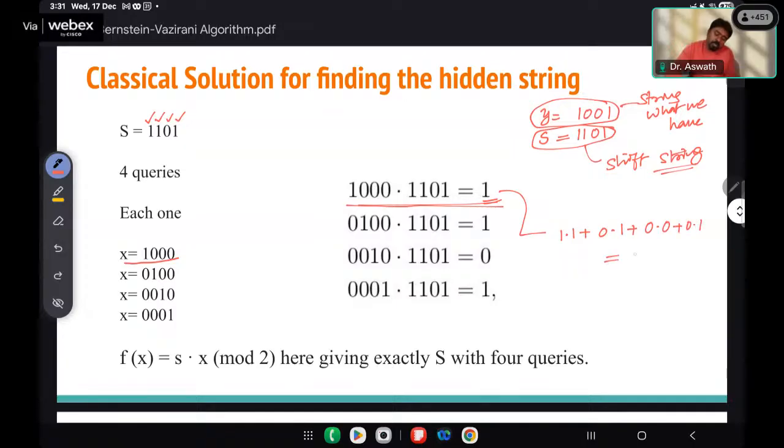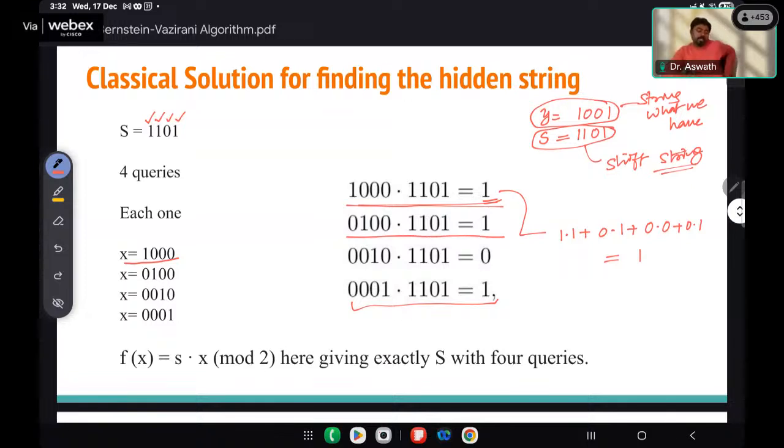What is the output? Just 1. So that is what I'll get for the first query. The second query is, I will ask whether the second bit is 1 or not.